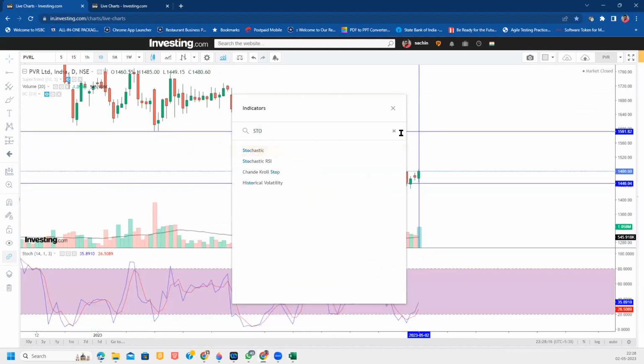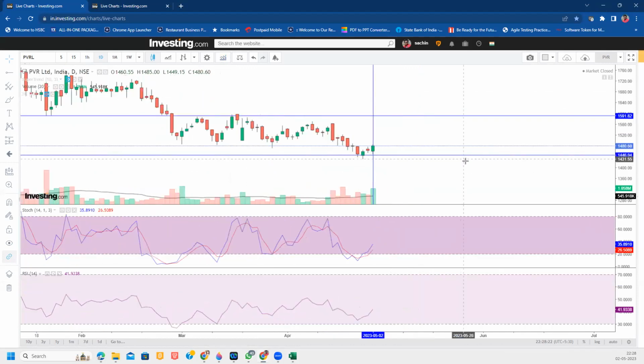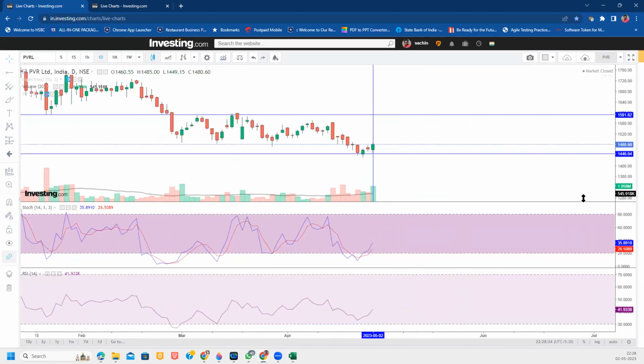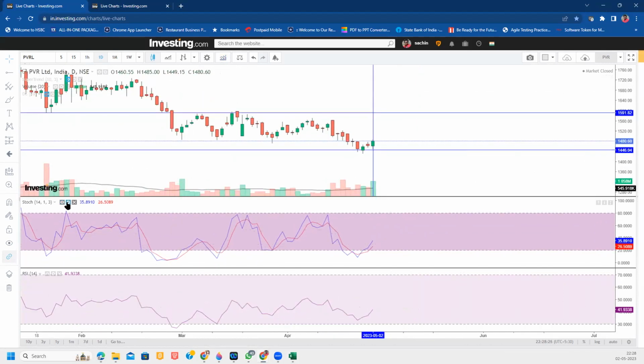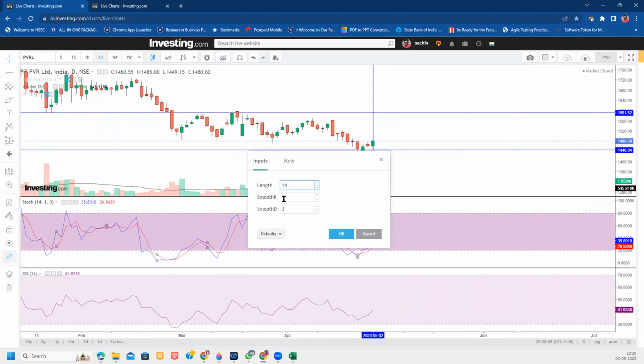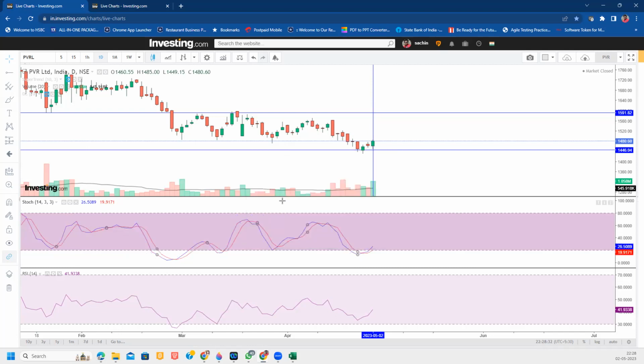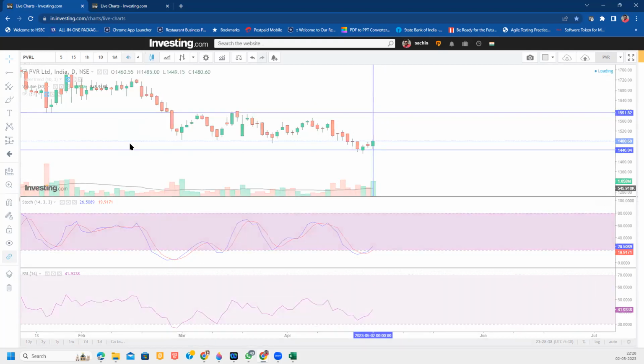Stochastic, RSI. I need to observe what they are saying. To make it smooth, I will go to their settings and change from 1 to 3. It will be much more smooth. Sorry, I need to change the time frame, from 4 hour to 1 hour.